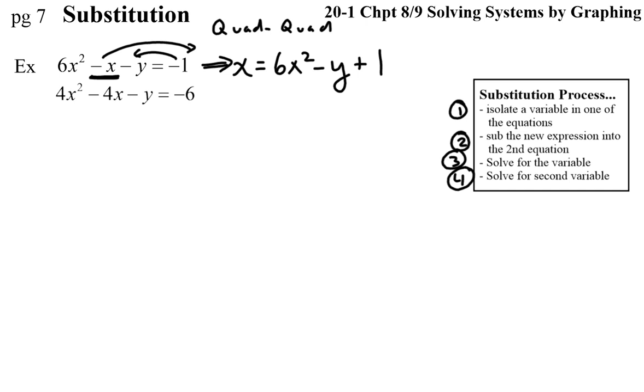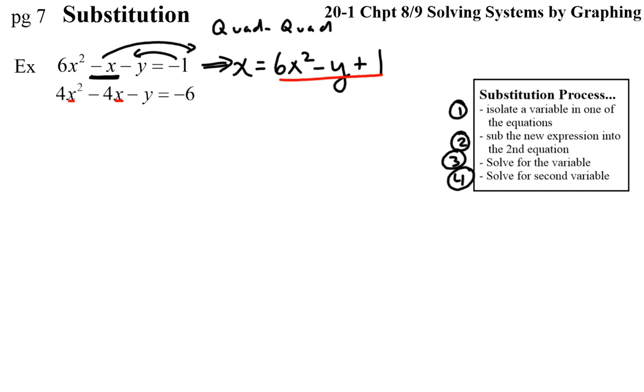So what I can now do, take that expression and plug it in for x in the second equation. Now quadratic being plugged into a quadratic, this starts to get a little bit big and a little bit ugly. It is what it is.